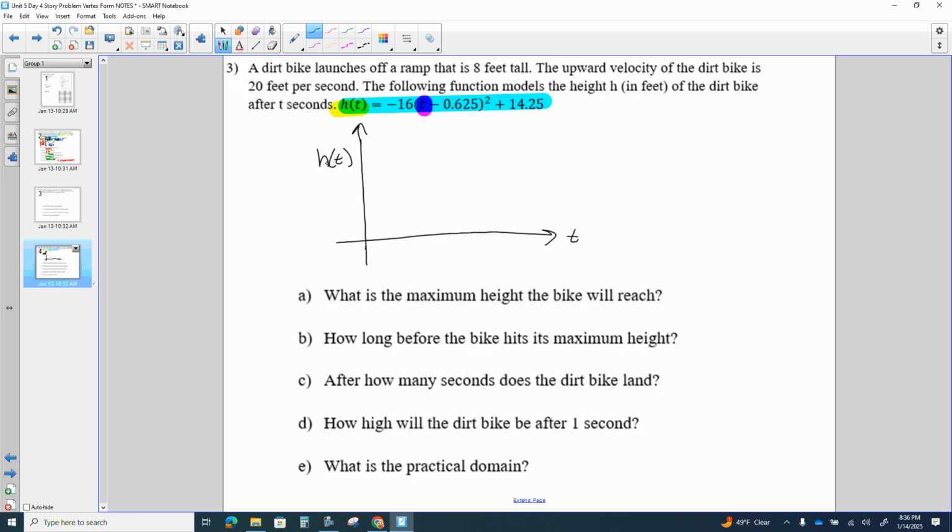And then the h(t) represents the height in feet, so I know this is going to be how high my bike is. Height, and I want to make sure I put feet so that I know what unit measurements I'm going to be using the whole time. And then the other one, the t, is after t seconds, so that must be time again, and it's going to represent seconds.